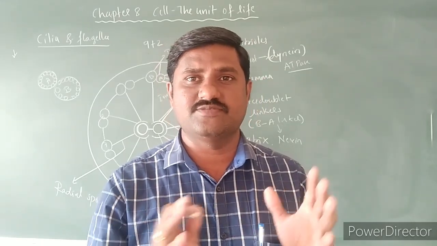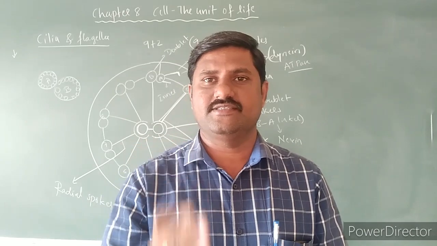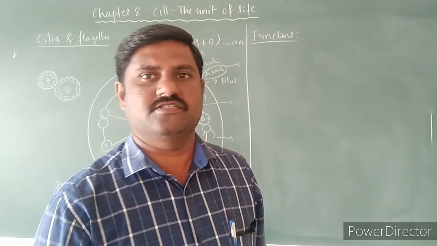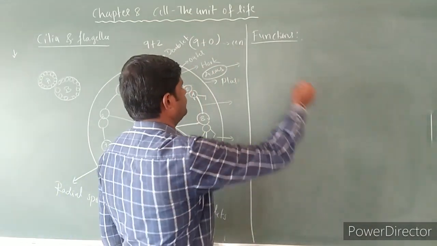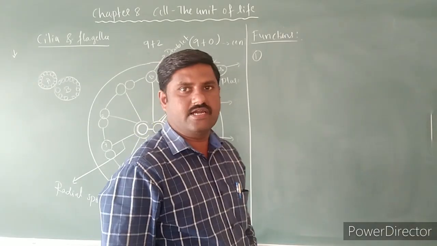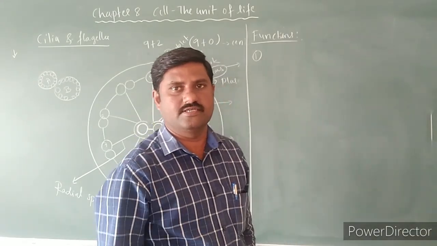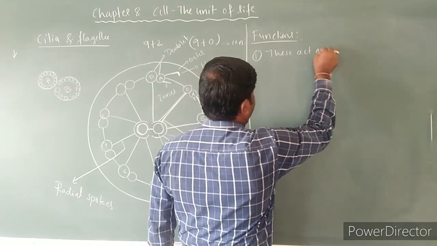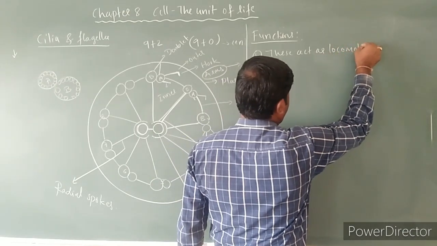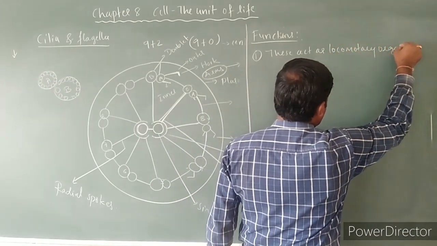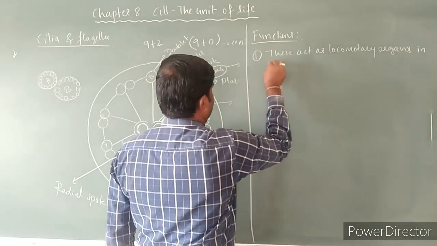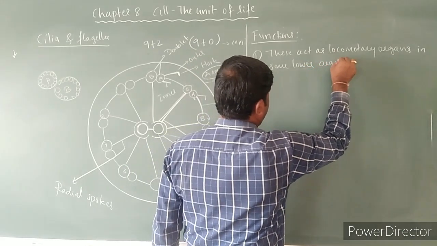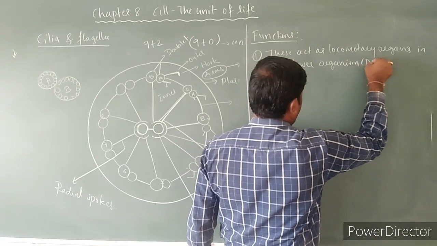So what are cilia as well as flagella used for? Let us see the functions of flagella as well as cilia. First, we already know these act as locomotory organs in some of the lower organisms, especially animals.